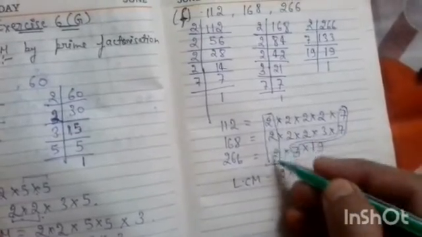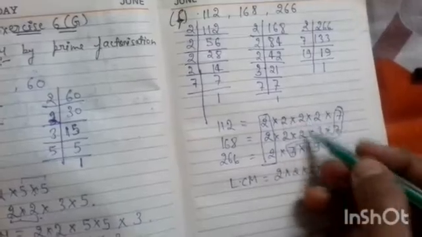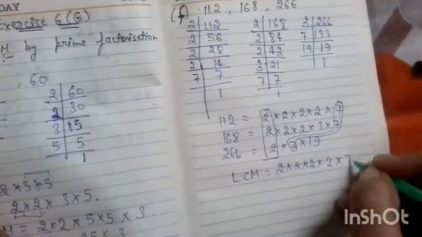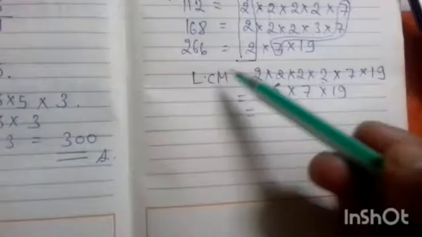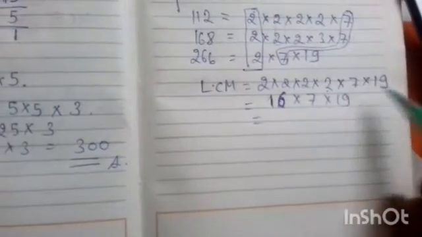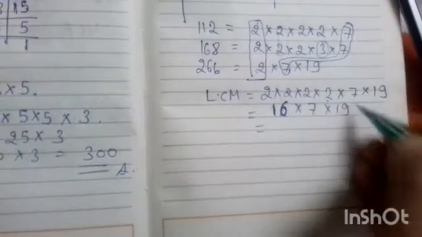Okay, because 3 times 2 is already involved in it. So 4 times 2 is done, then 1 time 7 already, so write 7. 2 2s are 4, 4 2s are 8, 8 2s are 16, 7 into 19, and at last here 3 also, so write here 3.